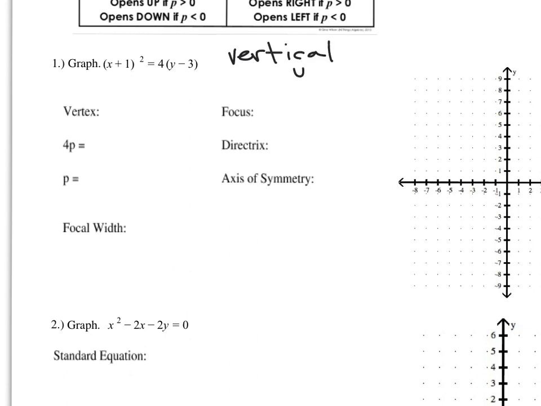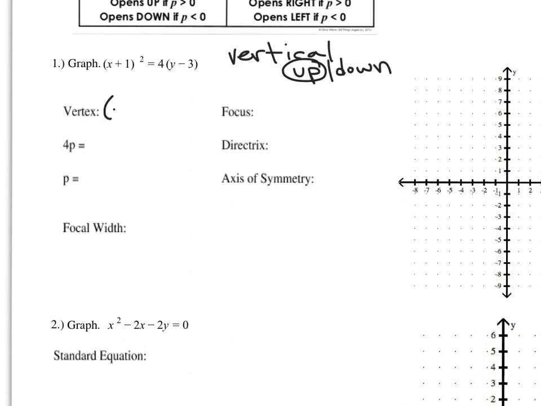Whether it opens up or down, we're not quite sure yet, so I'm just going to write up or down. The way that you determine that is to see the number 4 right here. That'll determine if it opens up or down. Since 4 is positive, it's going to open up. So I circle it. For me, it just helps to have that visual.